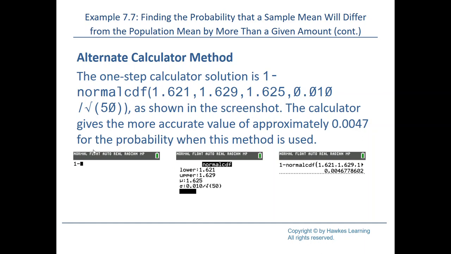And then once you've got 1 minus in that home screen itself, you're going to hit second vars and go to the second step here and get your lower bound, your upper bound, your mean, and your standard deviation. And again, this one is a standard deviation of a sample. Okay, and then paste it in. And as long as you've got the 1 minus before you hit second vars here, you'll notice it will show 1 minus and then normal CDF. And that will be one step to get your answer, which is going to be 0.0047. And that's all we need.